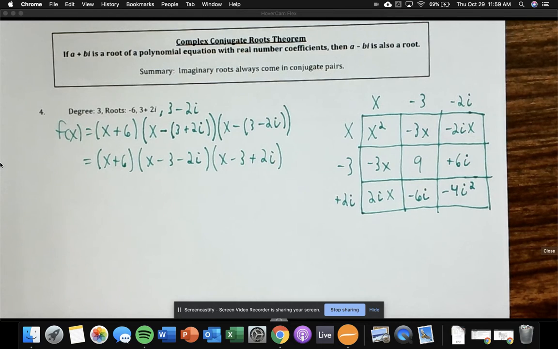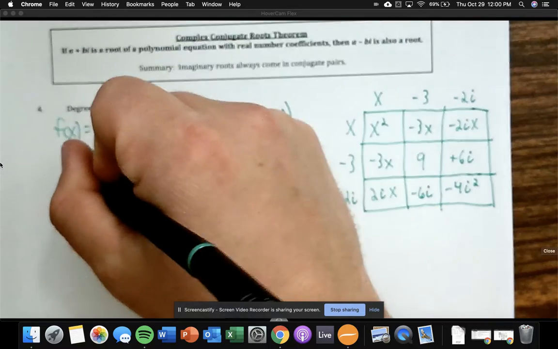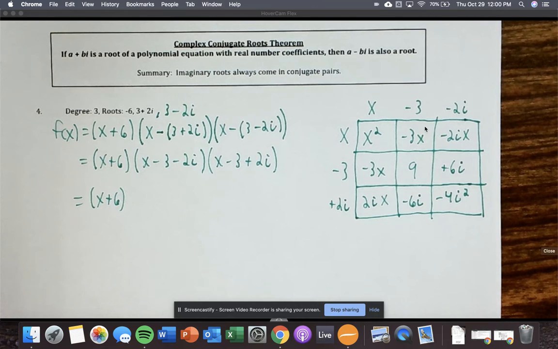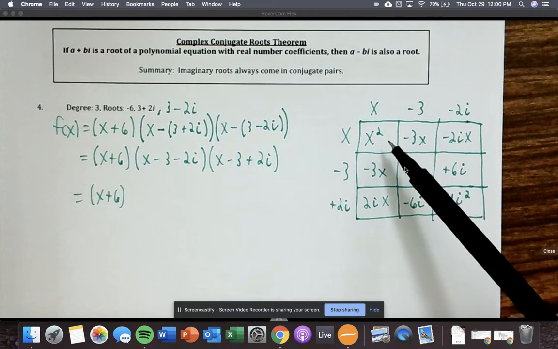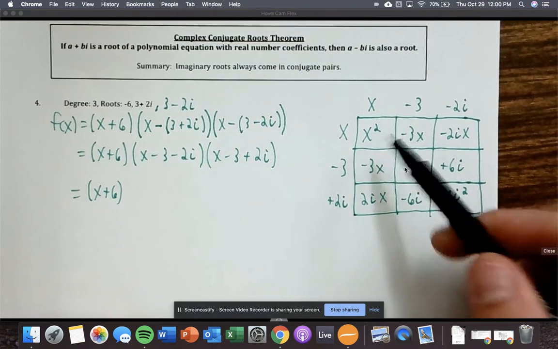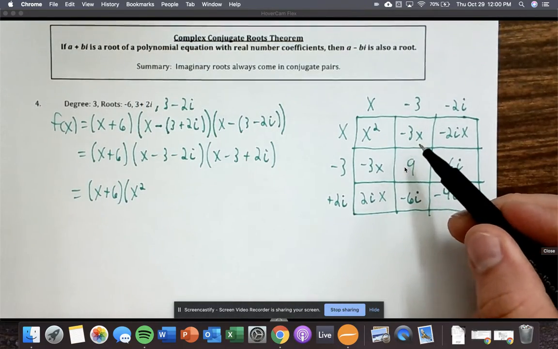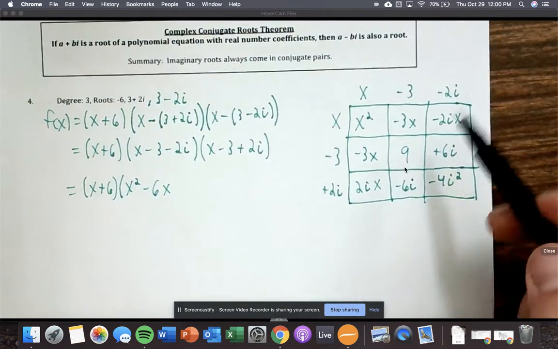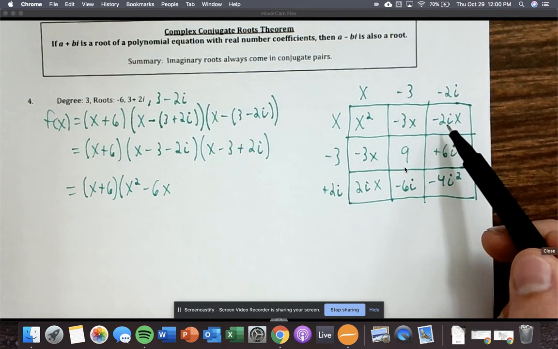Okay, awesome. So now all we have to do is add up all of the terms here. We know we didn't do anything with the x plus 6 yet, so all we have to do is add up all of the terms inside here. So x squared is on its own. Negative 3x plus negative 3x gives us negative 6x. Then we have this 2 times i times x. But if we look here, we also have negative 2 times i times x.